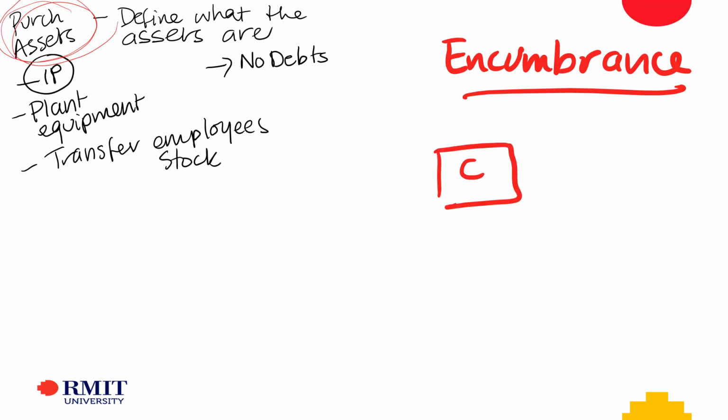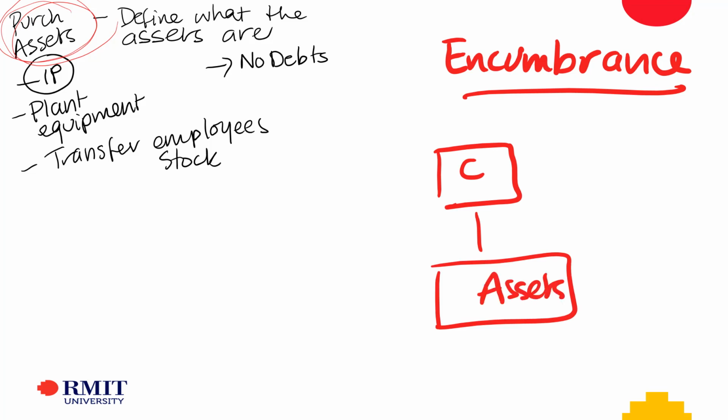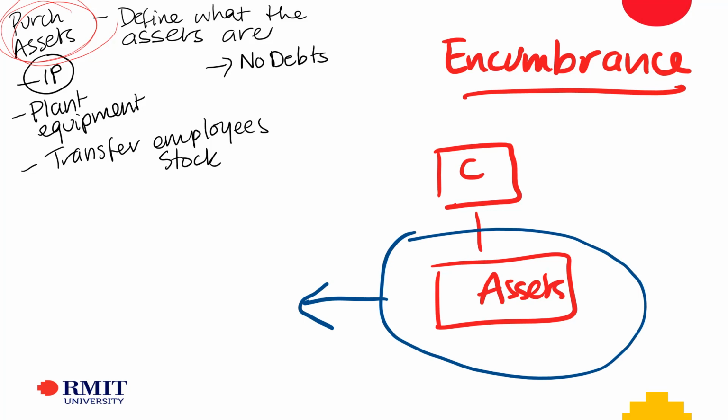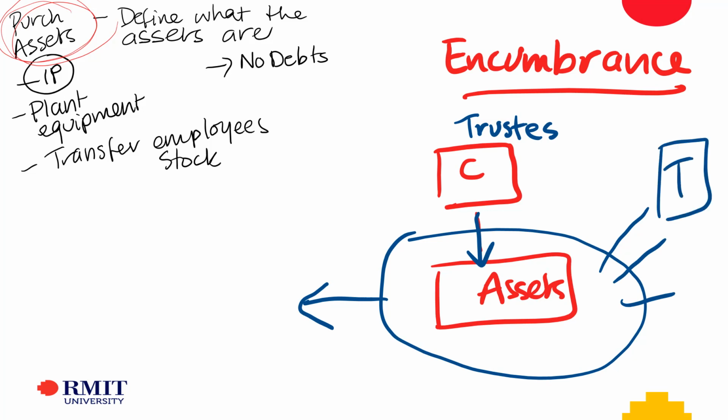So we've got a company that owns assets. And in theory at least, that means that the company can sell those assets to somebody else. But if the company is actually a trustee, it holds the legal title to those assets, but the beneficial interest in the assets is held on trust.